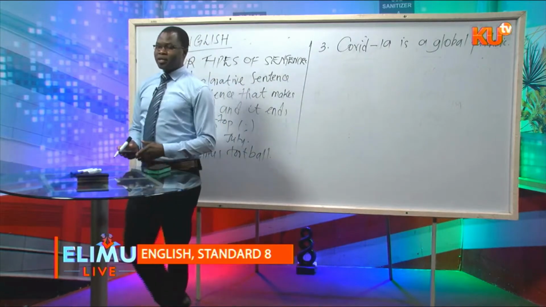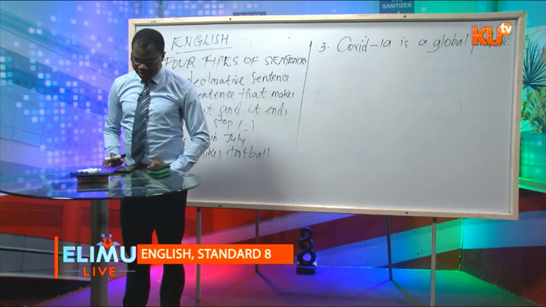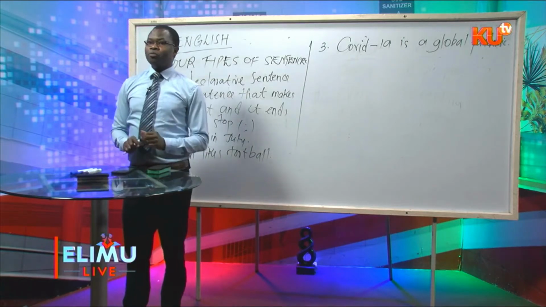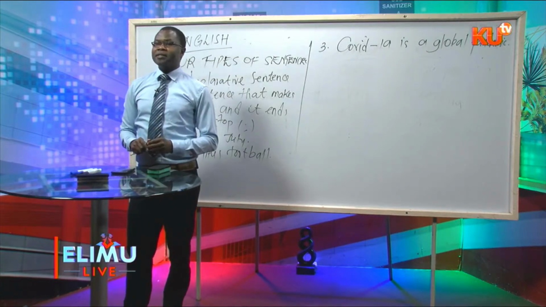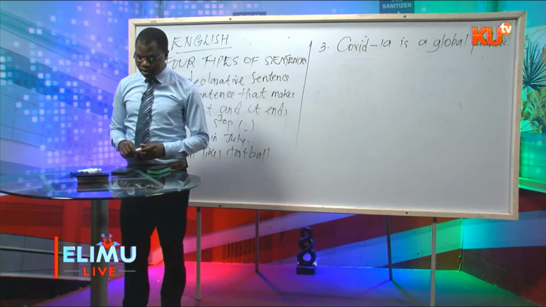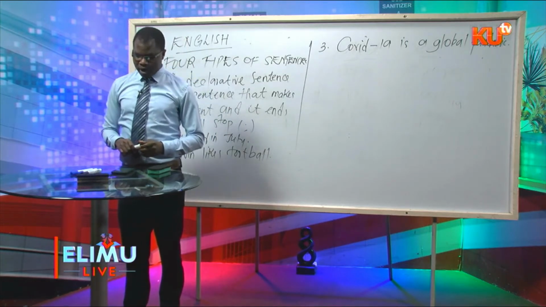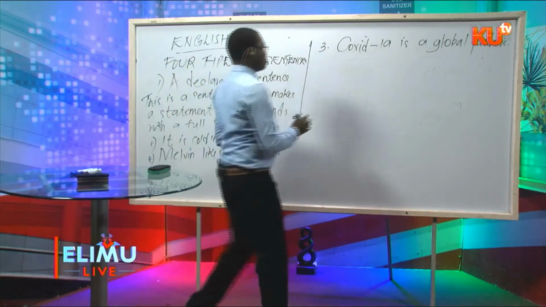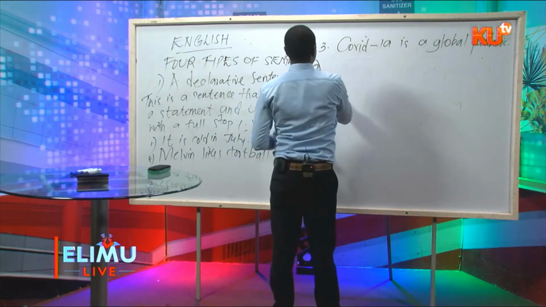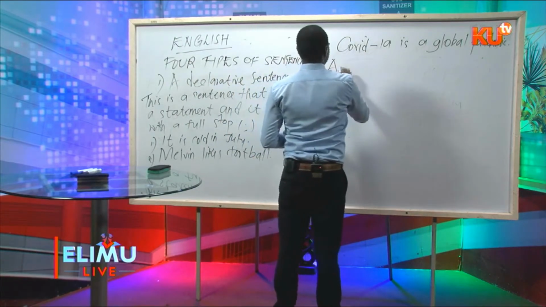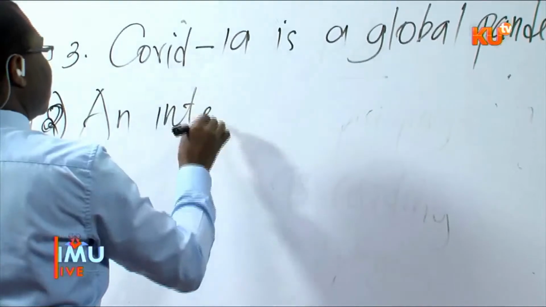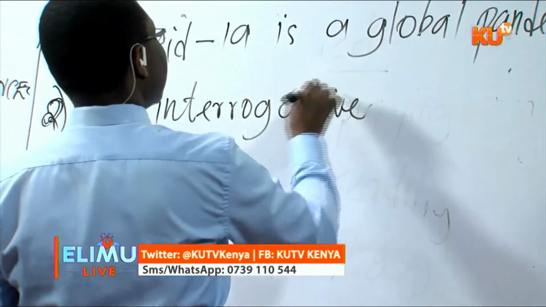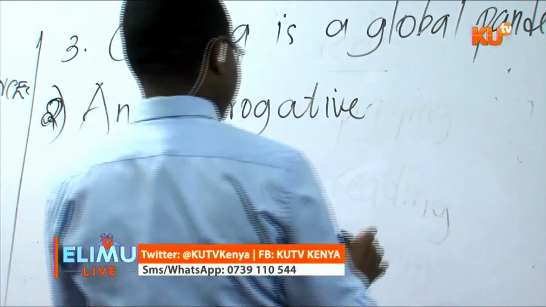That is also another example of a declarative sentence. Having said that, we move to another type of sentence and this is called an interrogative sentence. Example number 2. An interrogative sentence, from the word interrogate.